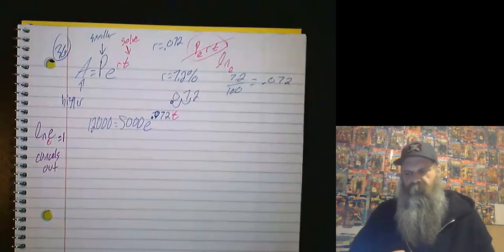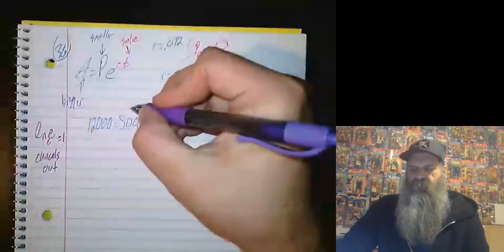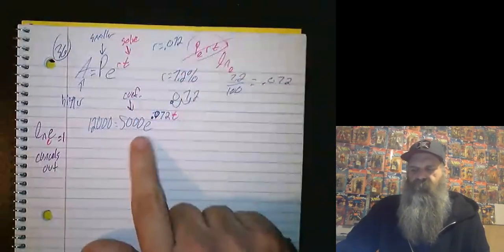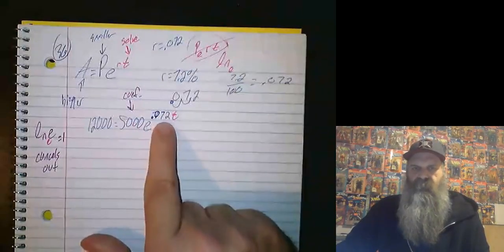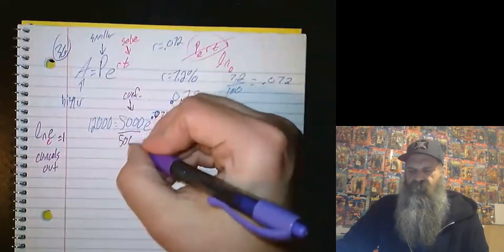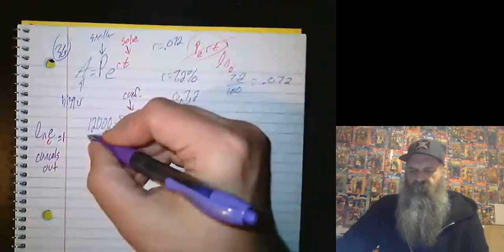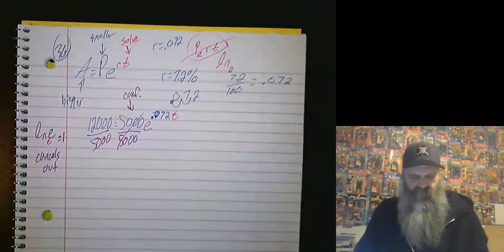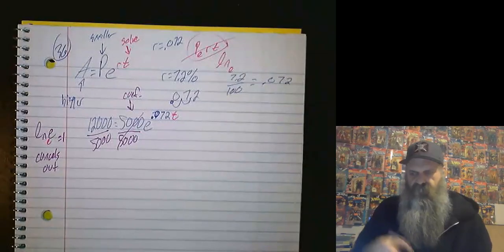But for now, this is a coefficient. The 5,000 is just being multiplied times E, which has an exponent. So we can get rid of a coefficient by dividing it out of both sides. Now this should come out pretty evenly. 12,000 divided by 5,000.